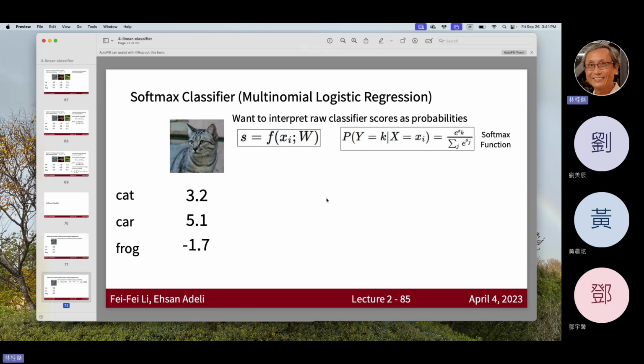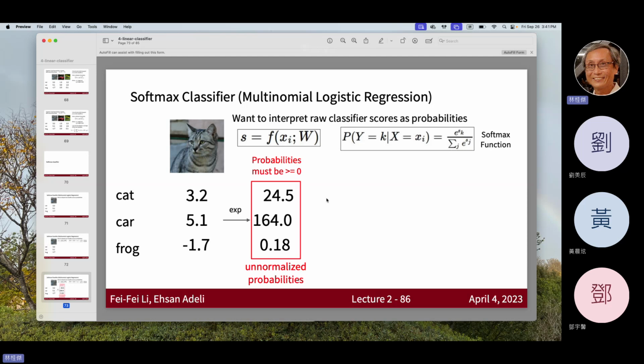One way for us to produce that is to take the set of the scores produced by the original f function, or the W here, and convert that using this formula: the exponential of each score divided by the sum of the exponentials of all of them, and then take the one with the correct answer.